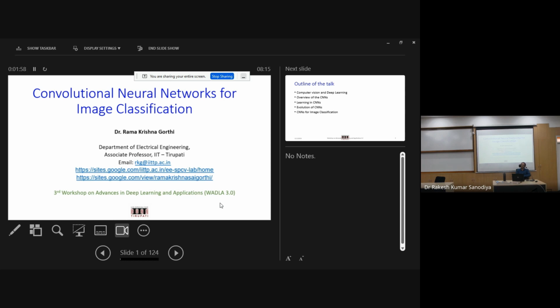Subsequently, I will discuss the evolution of convolutional neural networks for different computer vision tasks, such as object detection, tracking, 3D reconstruction, and a few others. I will also discuss one of the well-known developments in deep learning, generative adversarial networks.